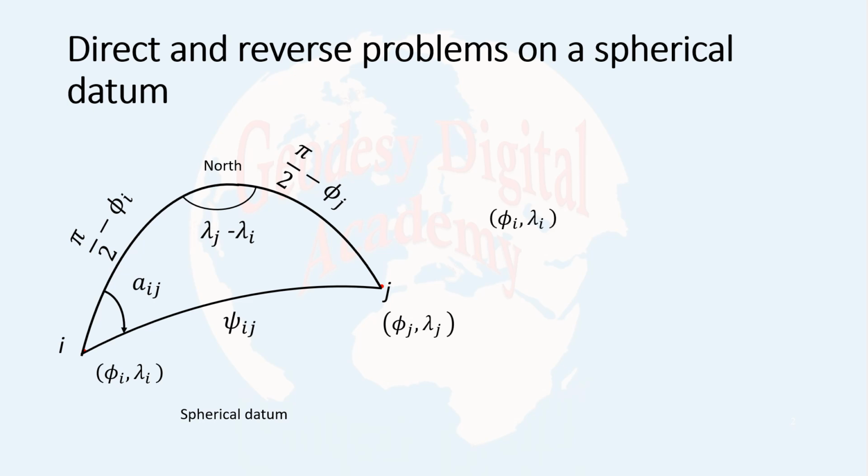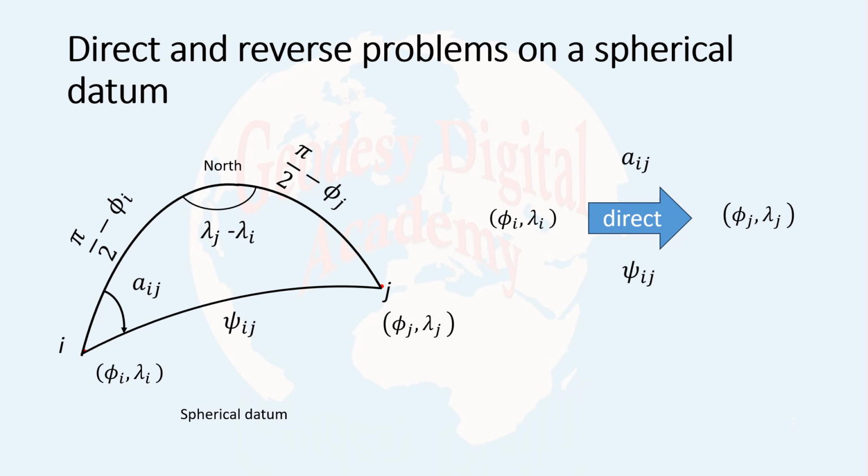And similarly, we have coordinates of a point, point I, for example, some quantities between this point and another point J are measured, like geocentric spherical distance and azimuth, and we want to determine the coordinates of the point J.